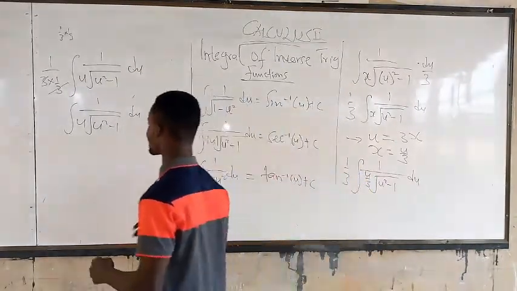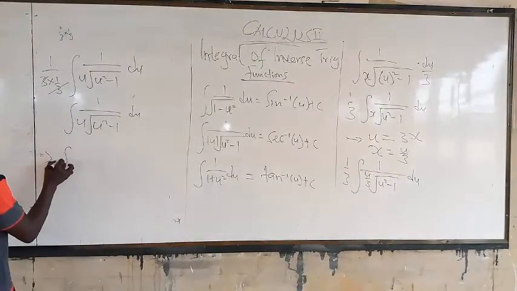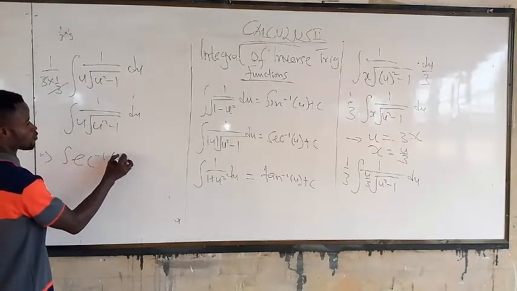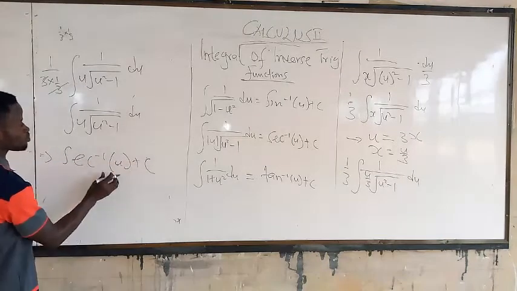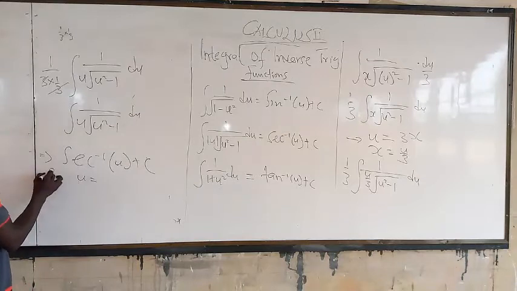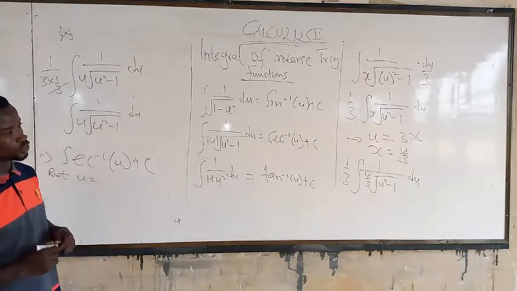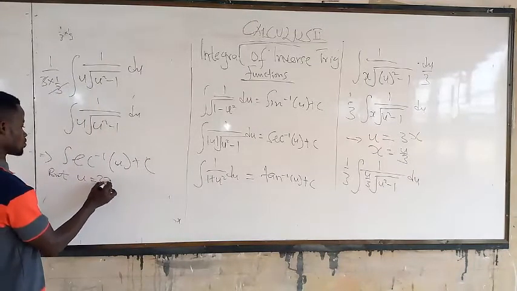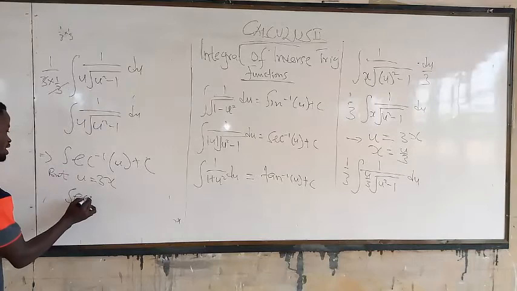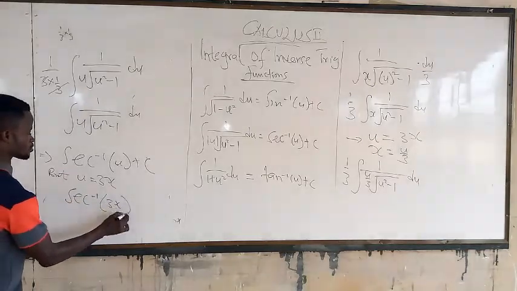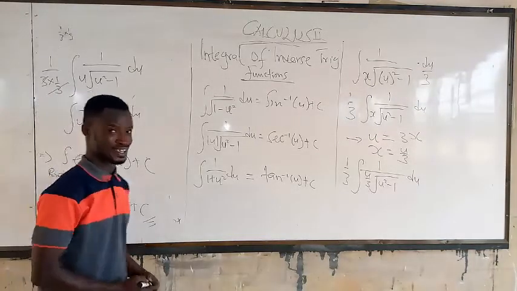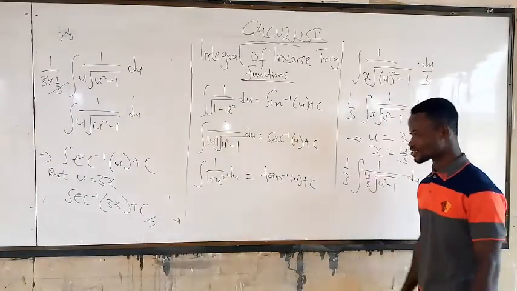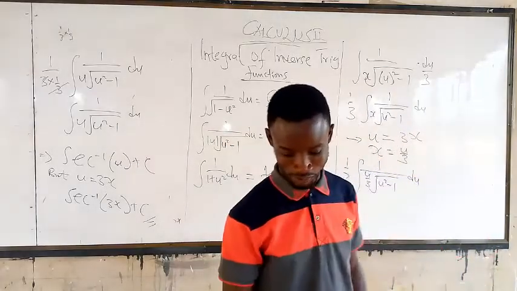And we exactly have sec inverse of u plus c. But u is 3s. So sec inverse of 3s plus c. And that is exactly what we have. Good.